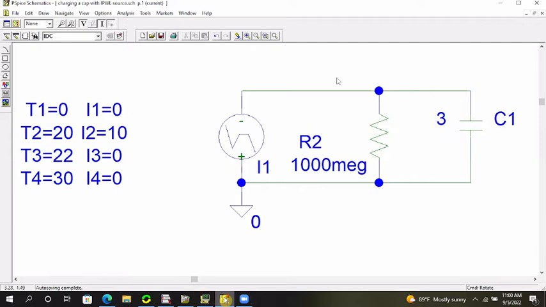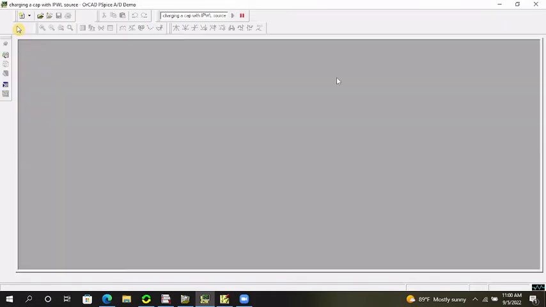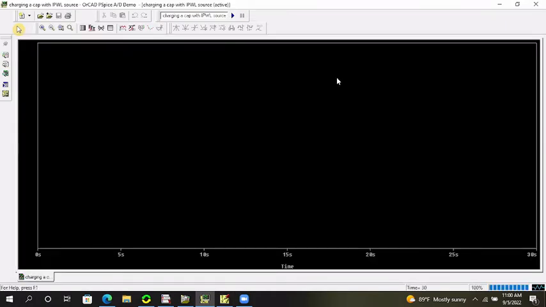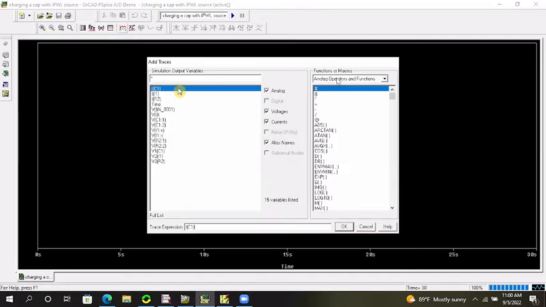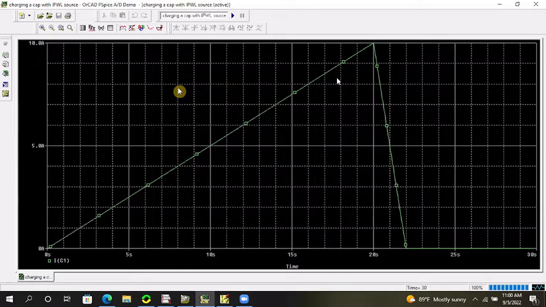Okay, there's my PSpice. There's my 3-farad capacitor. There's my piecewise linear current source. So here's my current between 0 and 20 seconds.